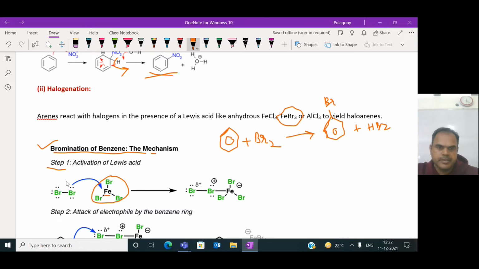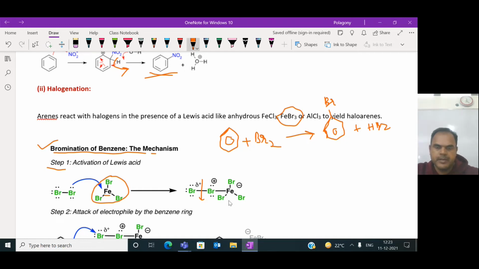As a result of this, the bromine bond is polarized, because the lone pair is converted to a sigma bond here. Then the bromine bond is broken. When the bromine bond is broken, an electrophile is produced.